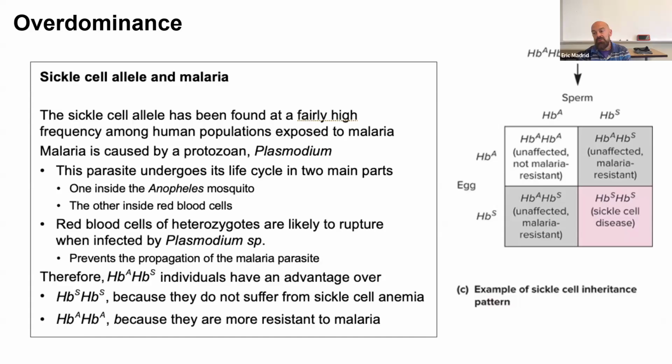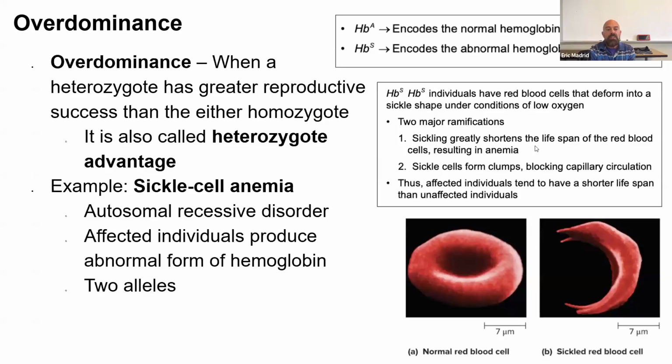And so in environments where malaria is common, which is a lethal condition, being heterozygous, so you kind of have sickle cell, but not all the way to where it's going to shorten your lifespan, is actually going to make you more fit for that environment than someone who is not malaria resistant, which would be big A in this case. And so overdominance means that there is a heterozygous advantage.